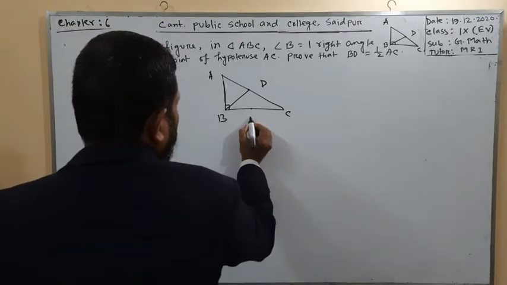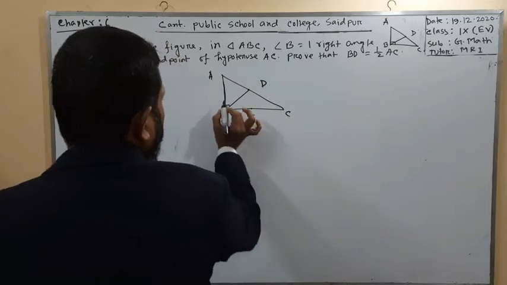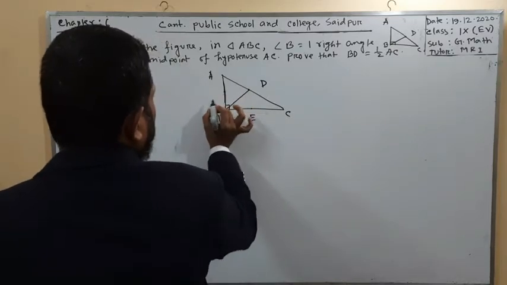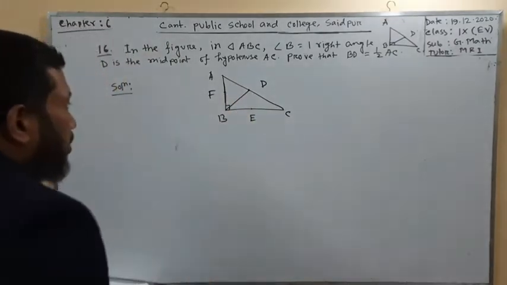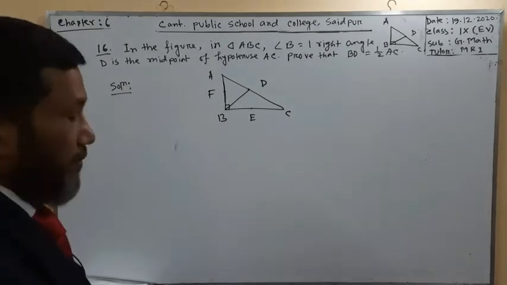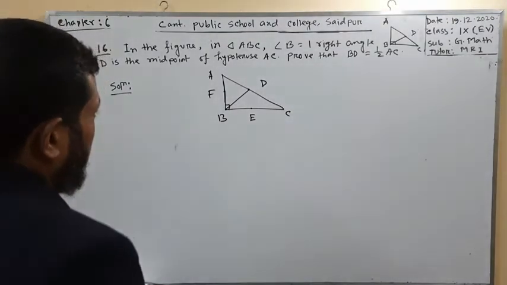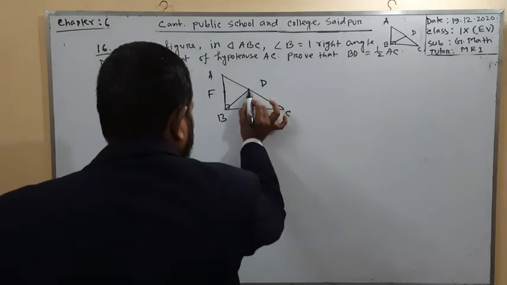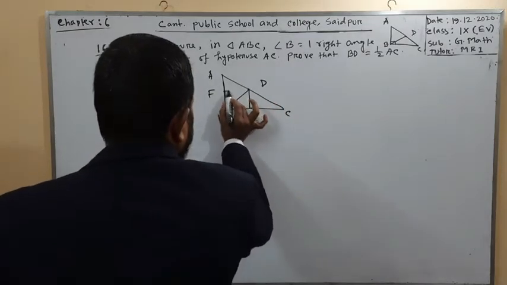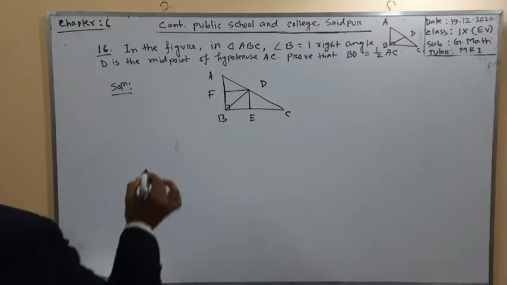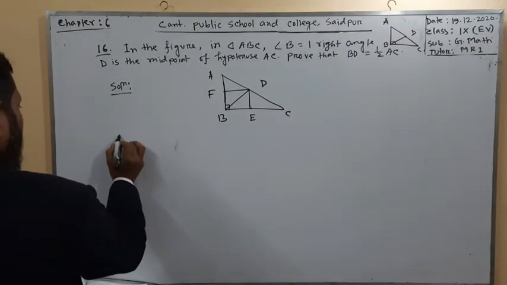Let E and F be two midpoints of BC and AB respectively. DE and DF are joined. Okay, I am writing the construction first.